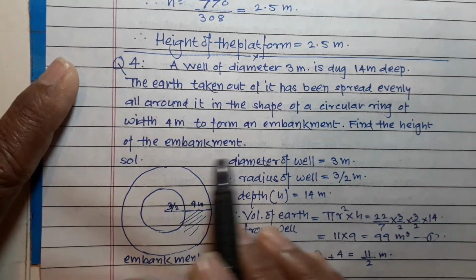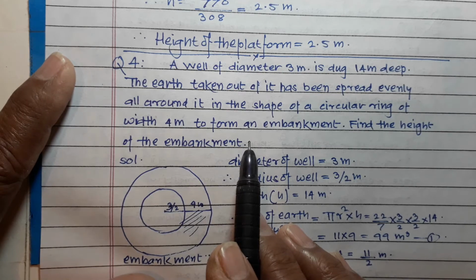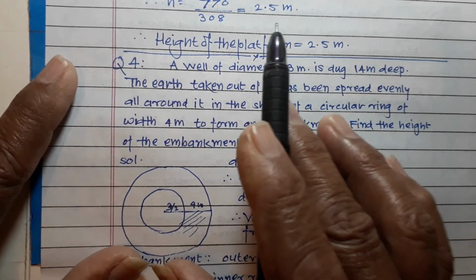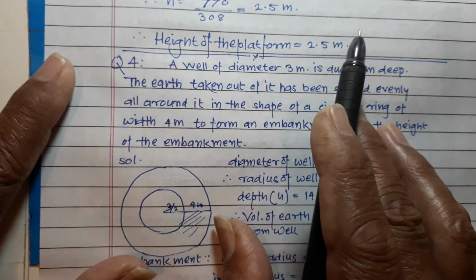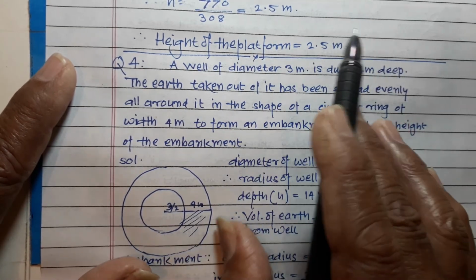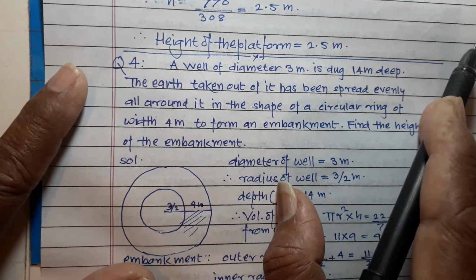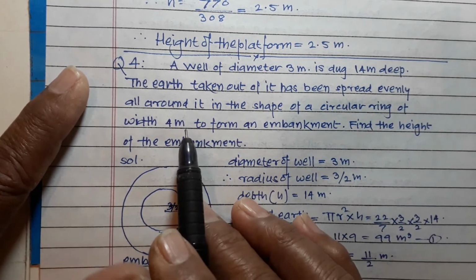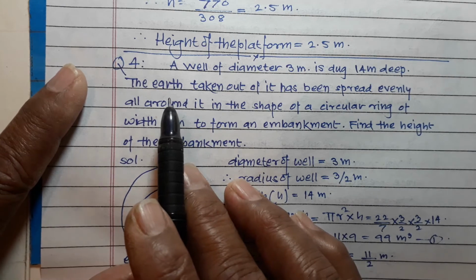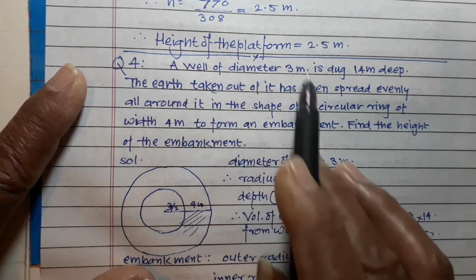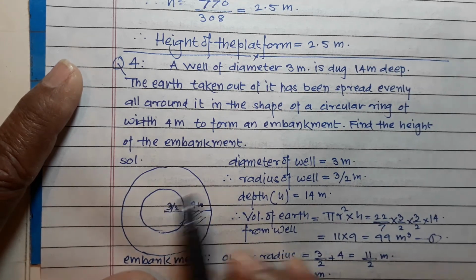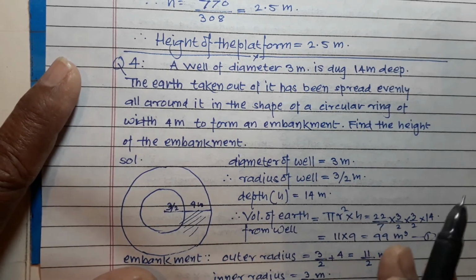Find the height of the embankment. So in question number 3, the earth is taken out and the platform is made separately, but here the circular platform is made around the well. Therefore this example is important.